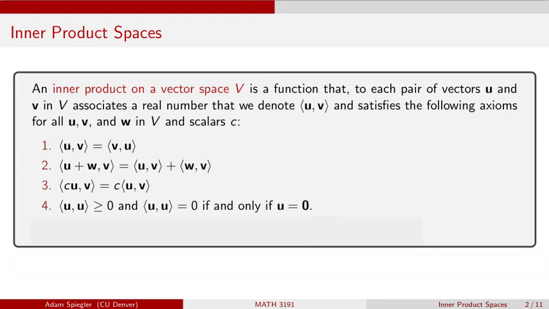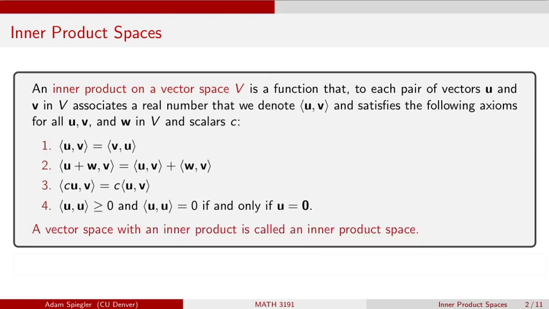So we've got these 4 properties that we need to be satisfied in any vector space that we can equip some function that takes 2 vectors as the input and outputs some real number. If that function satisfies these 4 properties for all such vectors u, v, and w and scalars c, then this vector space, moreover, is called an inner product space.